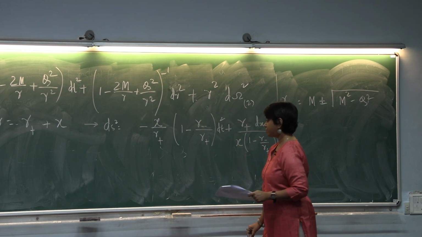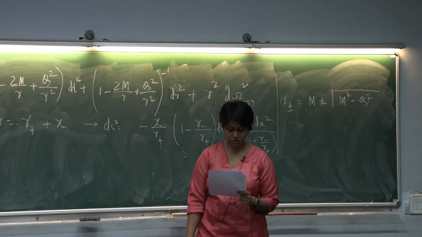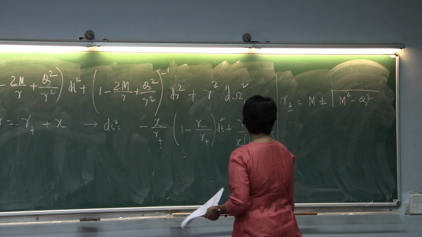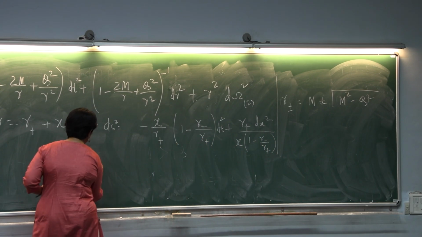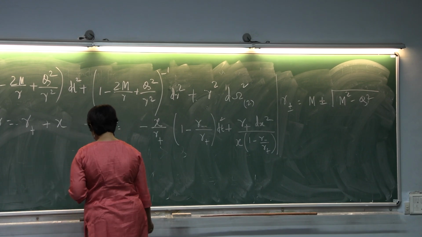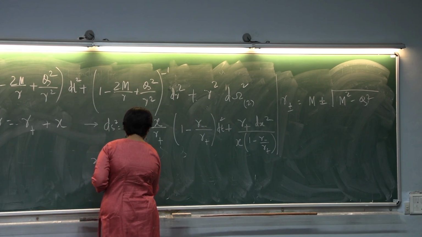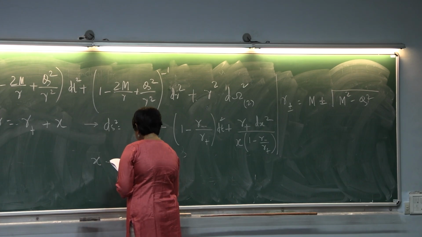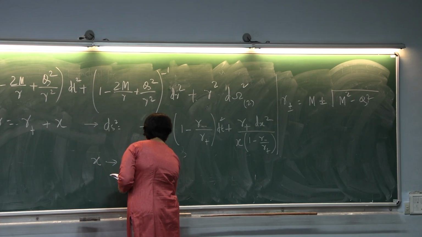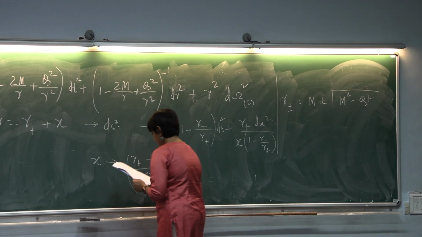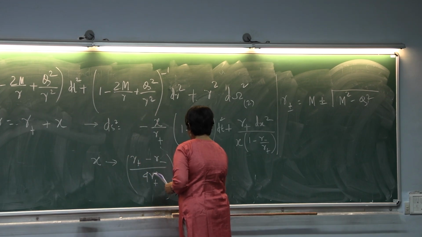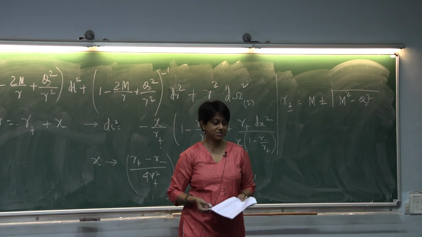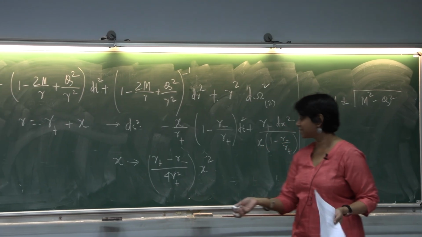Of course, the angular part is sitting at every point, so I am not repeating it. And then again, I can take another redefinition. As I said, x to x square is a more nice looking transformation, r plus, r minus, 4 r plus square and x square. So all these steps are given as an assignment. So if you want, you can just check out.